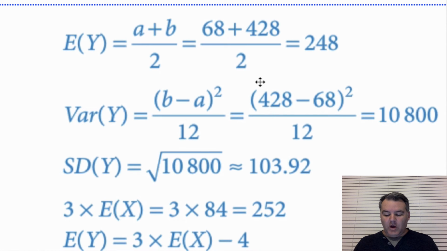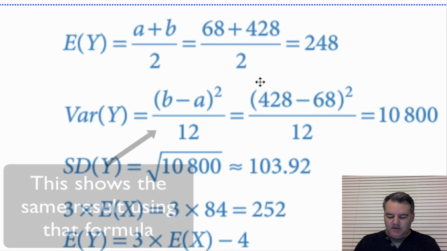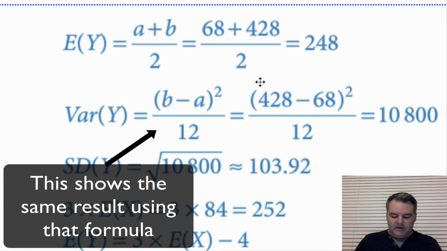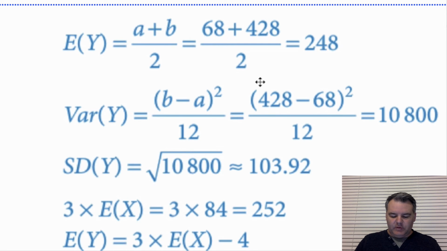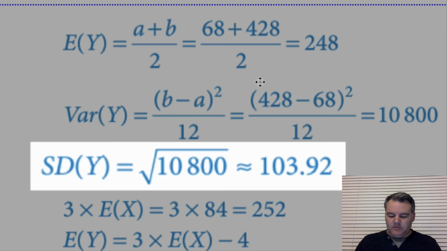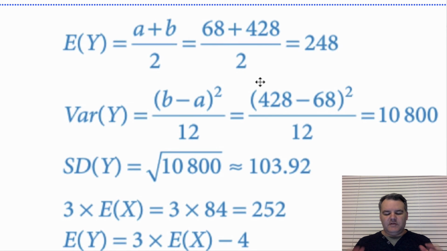So the variance of y is 9 times 1200, which is 10,800. So the standard deviation of y is just the square root of that, the square root of 10,800, which is around about 103.92. So it's really just a matter of using that idea of the connection between y and x and how you deal with the mean and the variance in each case there. That'll get it for you.